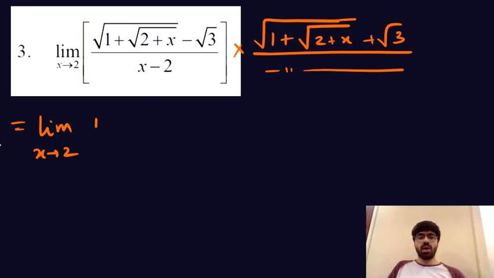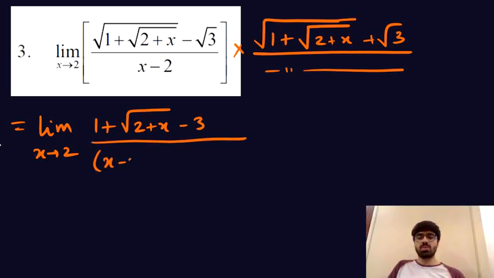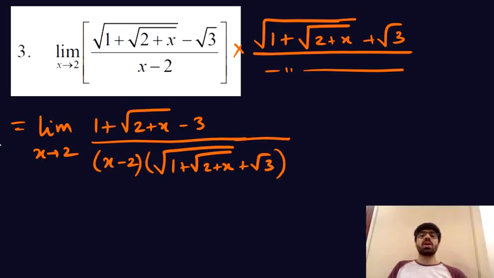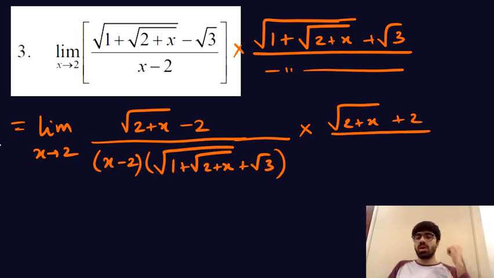So that will give you 1 plus root over 2 plus x minus 3 divided by x minus 2 into root over 1 plus root over 2 plus x plus root 3. Now 1 minus 3 is giving you a minus 2, and we need to rationalize this once again by multiplying it with root over 2 plus x plus 2 upon root over 2 plus x plus 2.